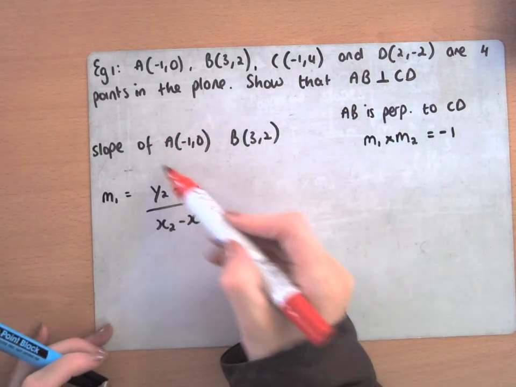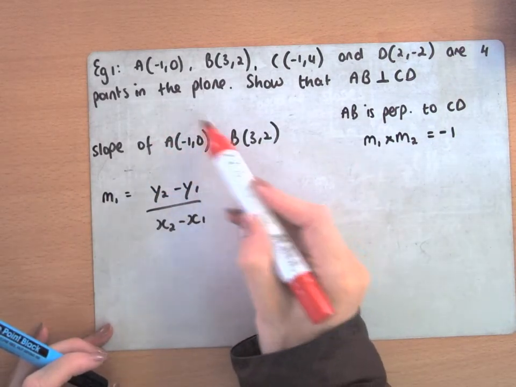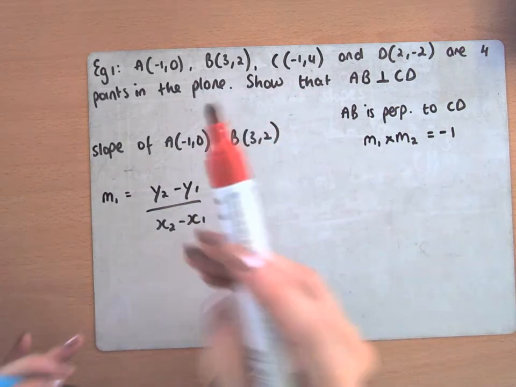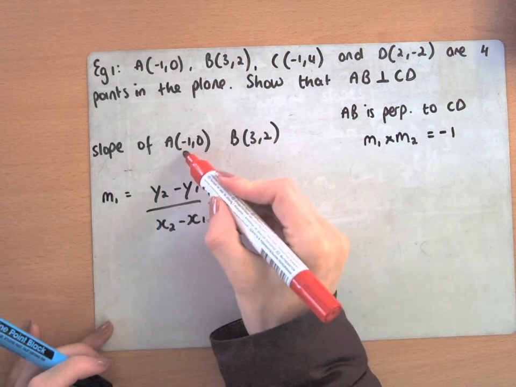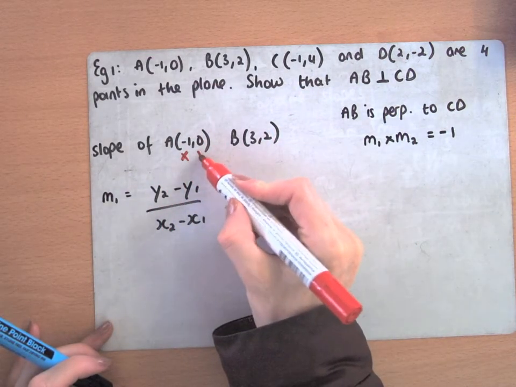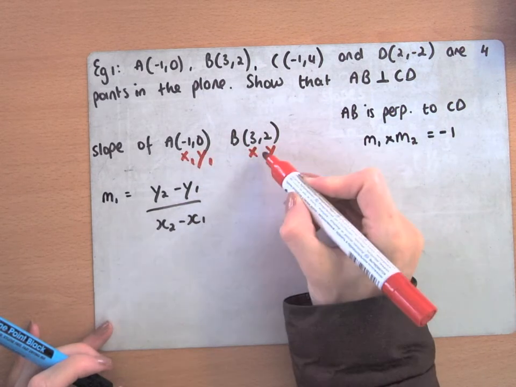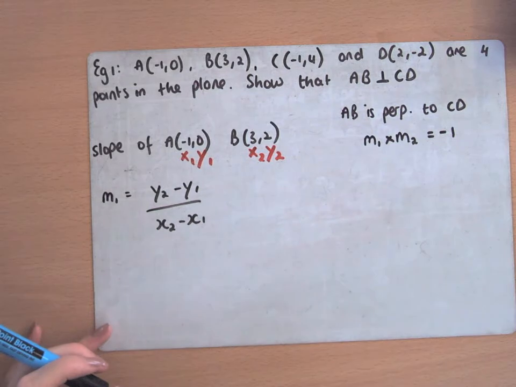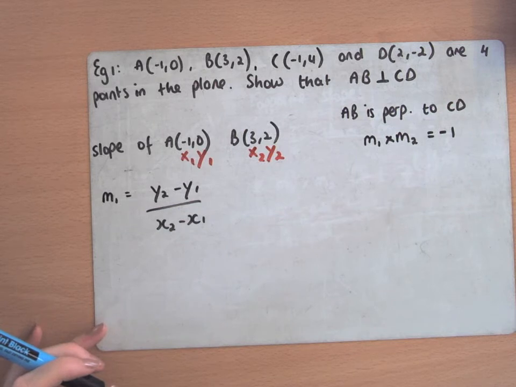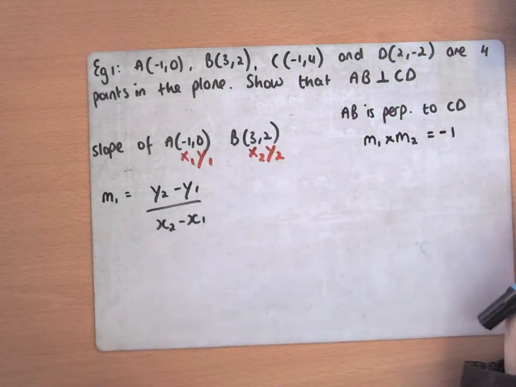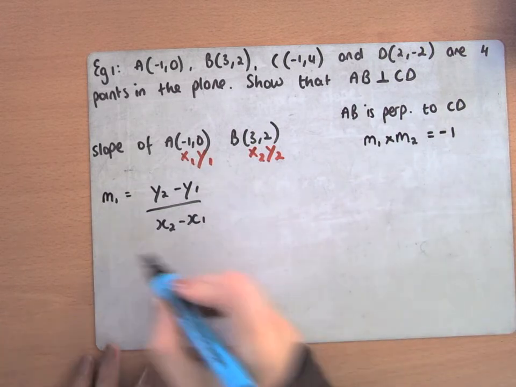Now is this the first point I see? All the ones. This is the second point I see. All the twos. So how do I label? X and Y. All the ones. All the twos. Is that okay? You happy? And then I just fill it into my formula.